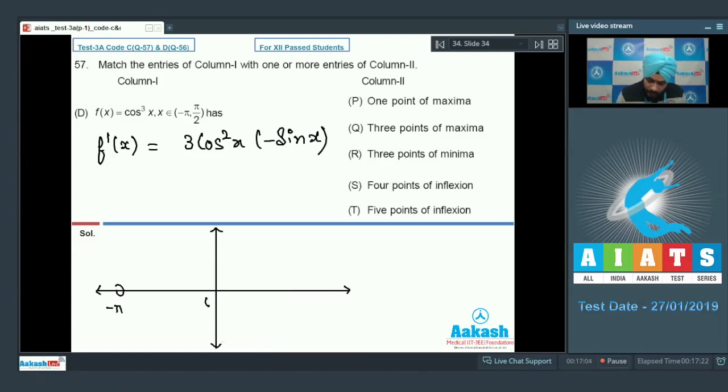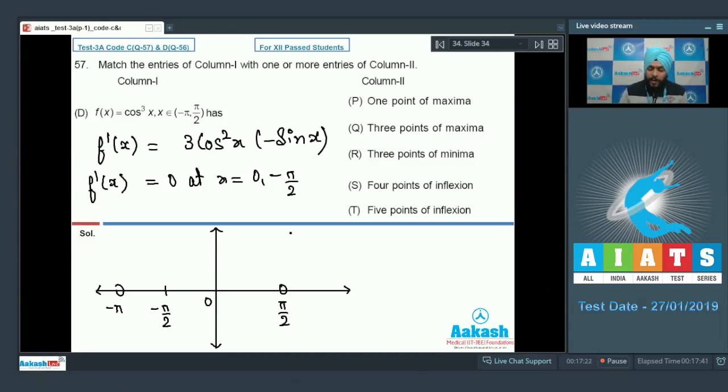Minus pi, 0, pi by 2, minus pi by 2. f dash x is 0, again at x equal to 0, minus pi by 2 as well as pi by 2, but that is not included in the interval.